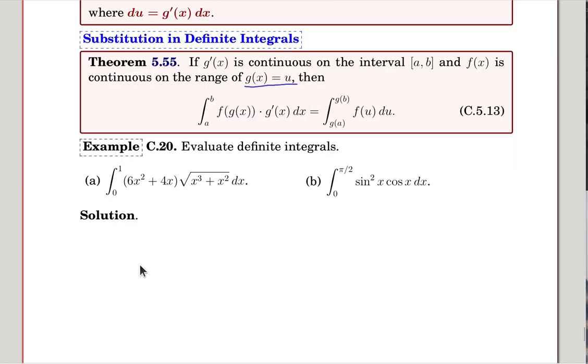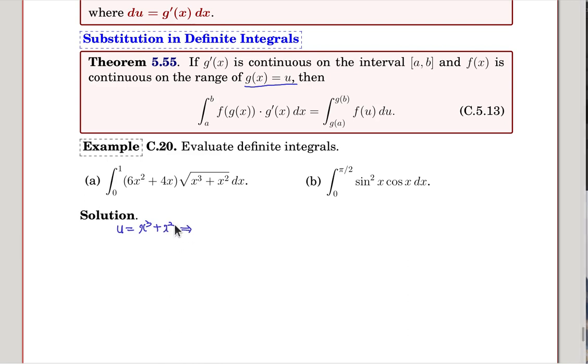Now let's try to solve this problem. Okay, it looks like once you take a derivative, it is related to this one quite closely, so we may start with u equals g of x, that portion, x cubed plus x squared.